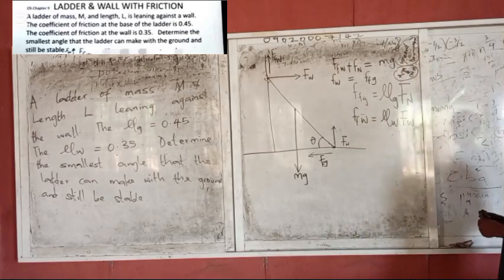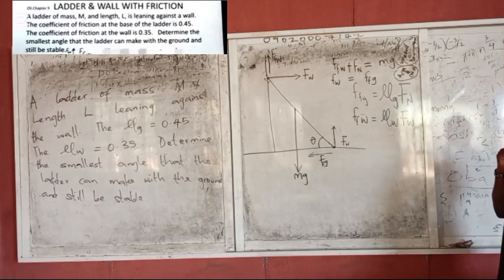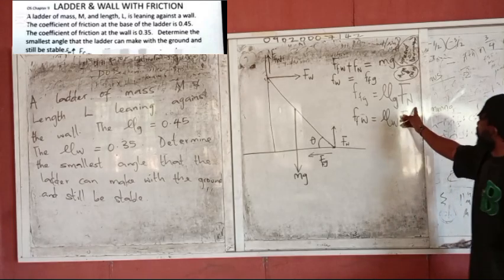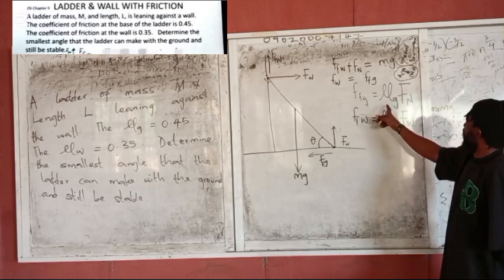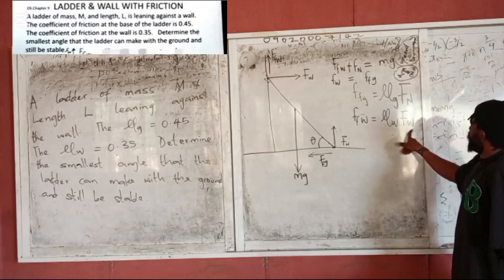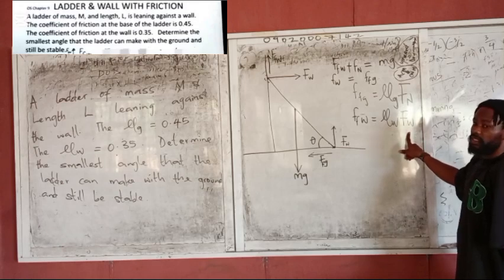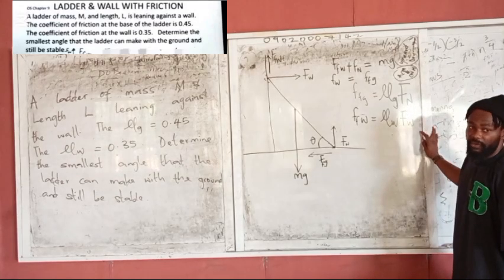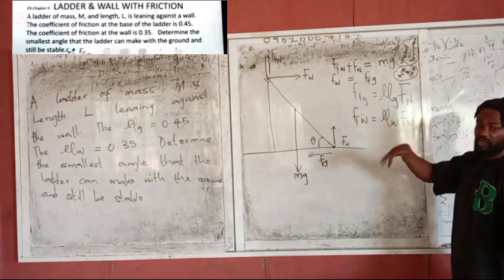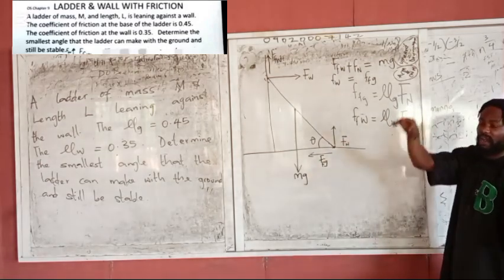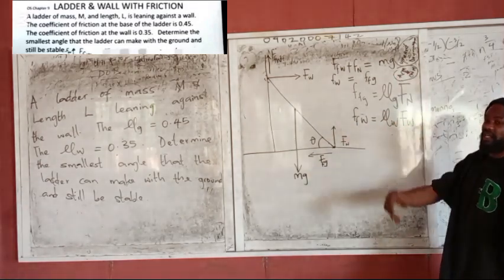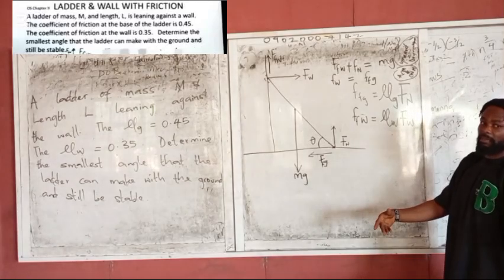Now, I want us to check again. If I choose to look at this frictional force here, if I make Fw subject of the formula here, what do I have? Are you aware it's normal? That time we have frictional force equals to this, we can make the force subject of the formula. We have that the frictional force will be divided by the coefficients. Do you still remember?